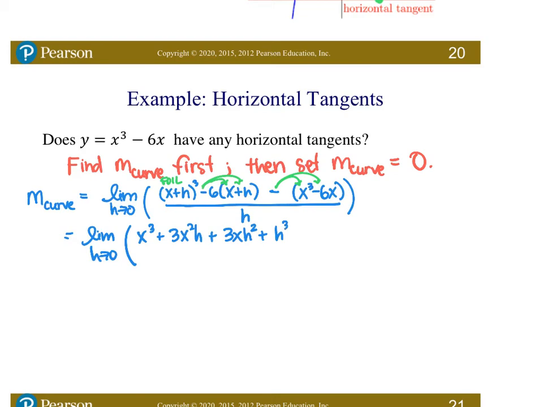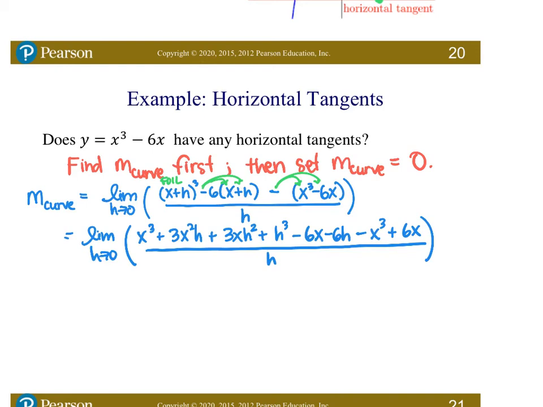That's the superfoil. Now I'll distribute the 6, minus 6x minus 6h. Now I'll distribute the negative, minus x cubed plus 6x. This whole thing is over h.